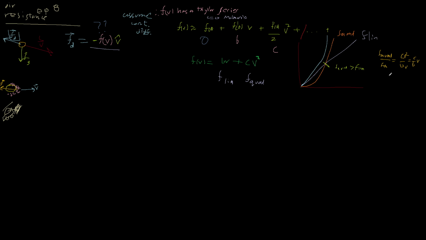If this ratio, F quad over F lin, is significantly greater than 1, F quadratic dominates, so we can basically ignore linear drag.